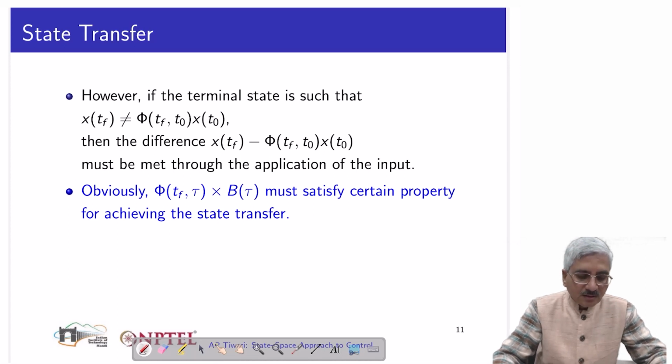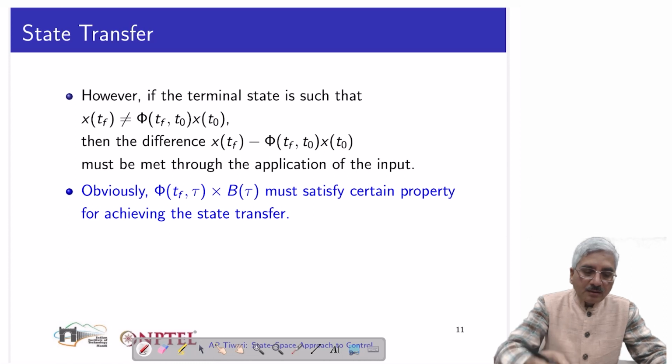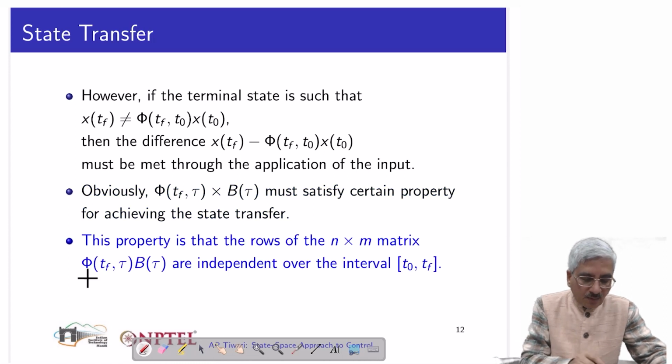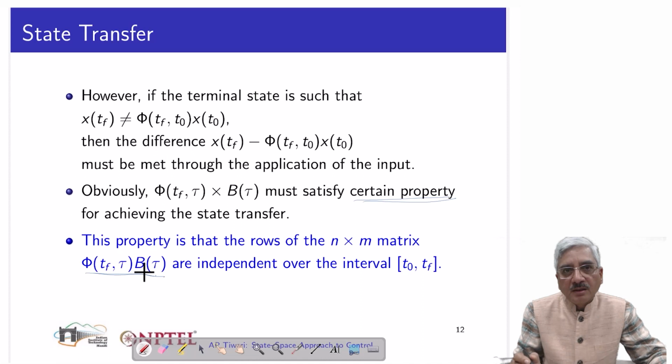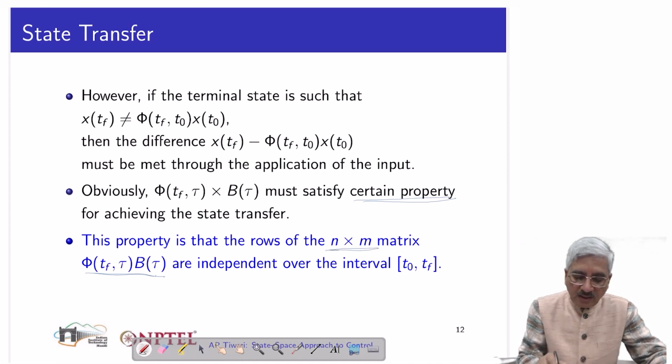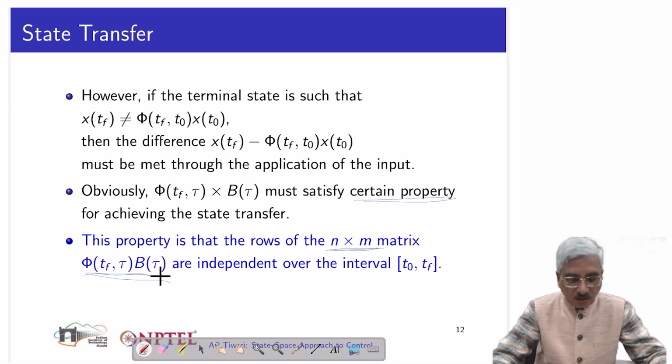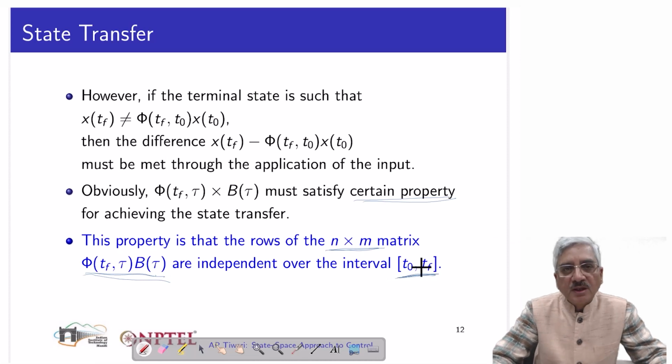So what it means is that this phi(t, tau) B(tau) should have a certain property, and that property is that the rows of this n by n matrix phi(t, tau) B(tau) should be independent over the given time interval of t0 to tf, both the ends inclusive.